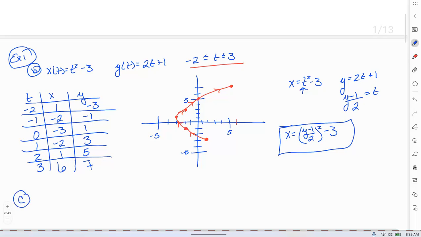Part C was looking at one in terms of sines and cosines. We had x of t is equal to 4 cosine of t, and y of t is equal to 4 sine of t. And we're looking for t to be bounded between 0 and 2 pi inclusively.